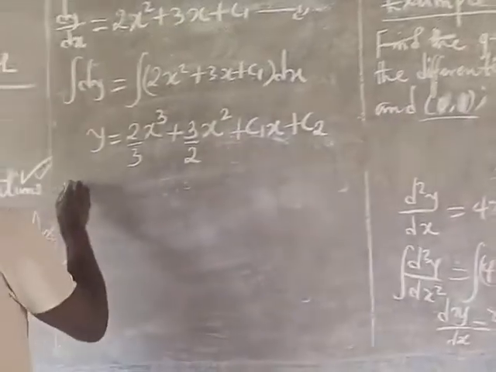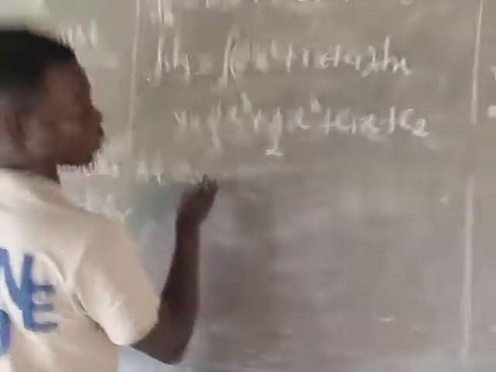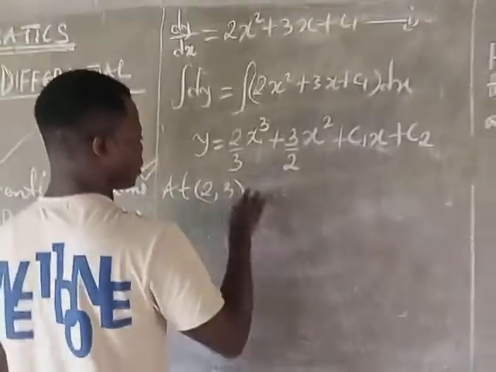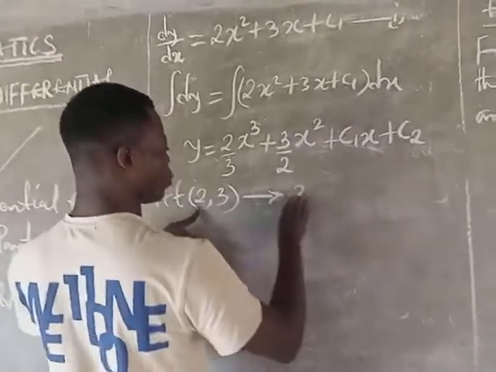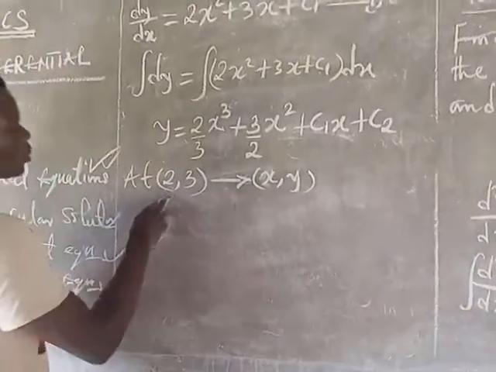Now, let's substitute the values of these points. For the first point at 2, 3, this is our coordinate, which is x and y. So let's substitute.